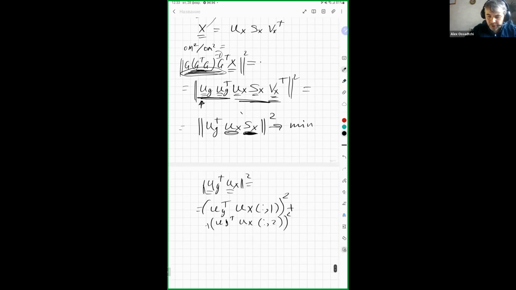So you are projecting your UX onto those two vectors, for instance, or n vectors, whatever, of your model space, looking at the coordinates and summing them, and then you take another vector that comes from your data, project it, and sum all these squares.